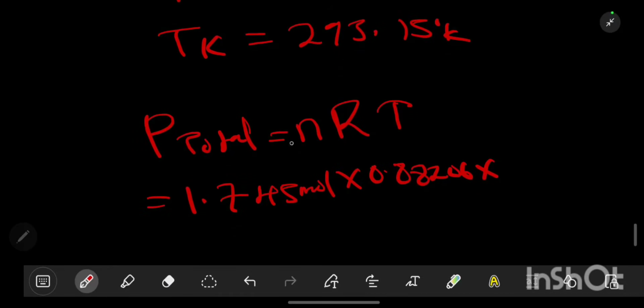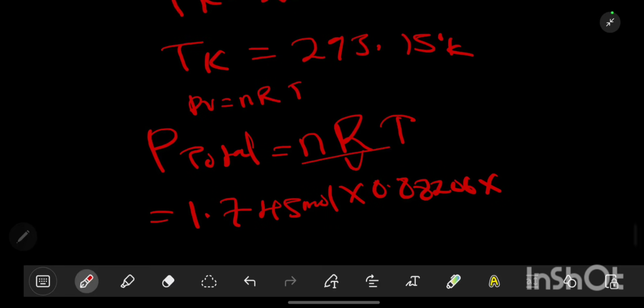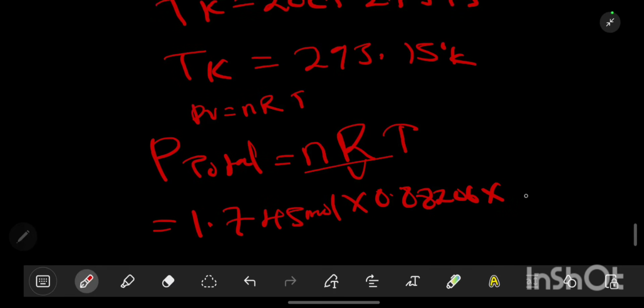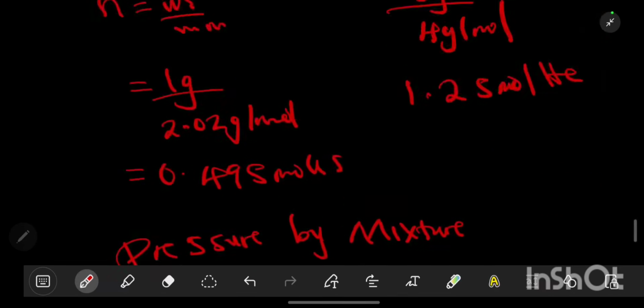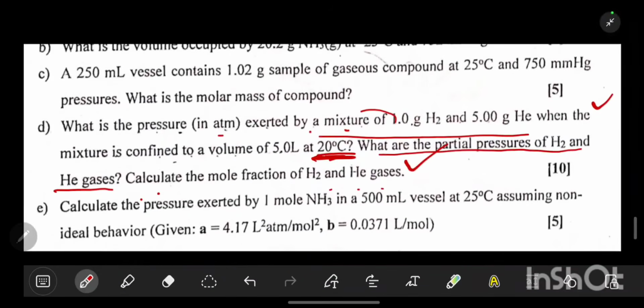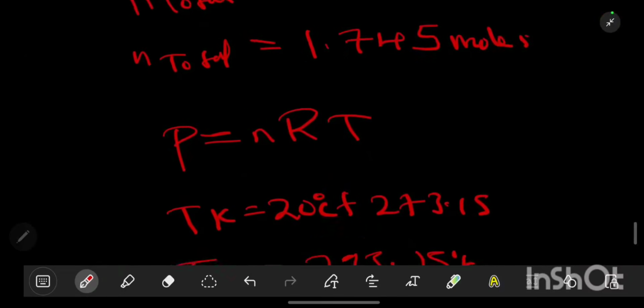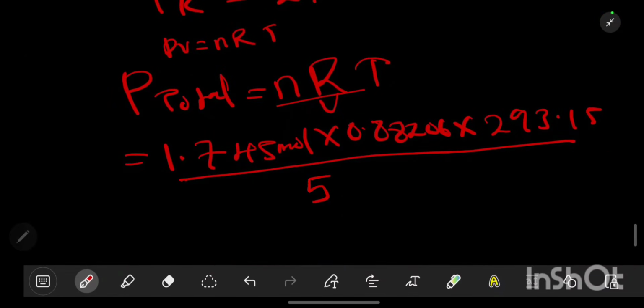So nRT, it is PV. So PV is equal to nRT, and we have to divide over V to make P the subject of the formula. The temperature we have found to be 293.15. We divide this by the volume, which is equivalent to 5 liters.